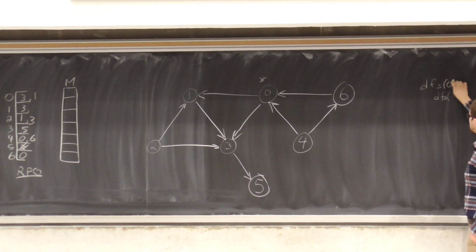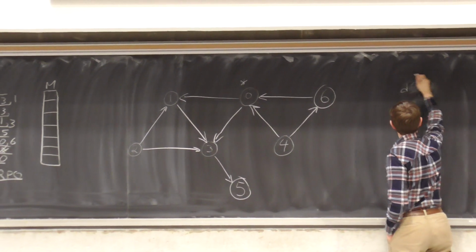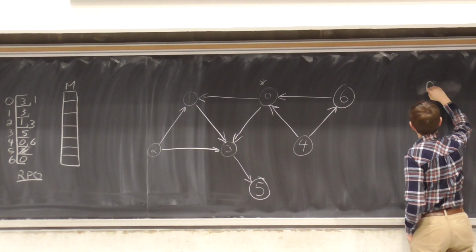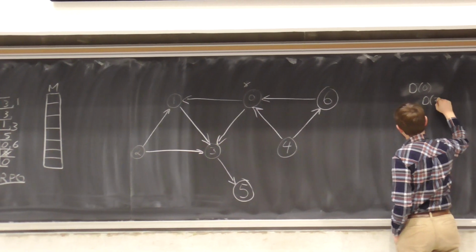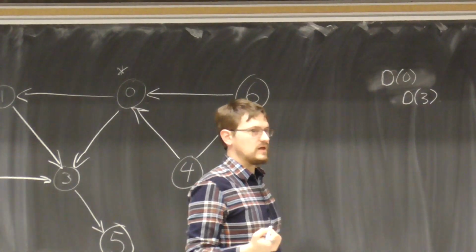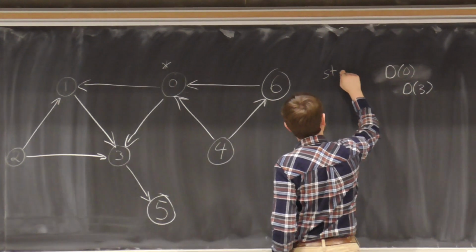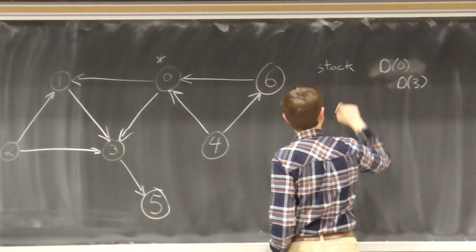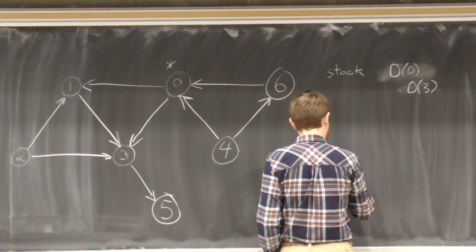We're calling depth first search. I'm just going to call it D, capital D. It's faster to write. D at 3 is the first one. If we imagine the stack, we currently have 3 and 1 on the stack.